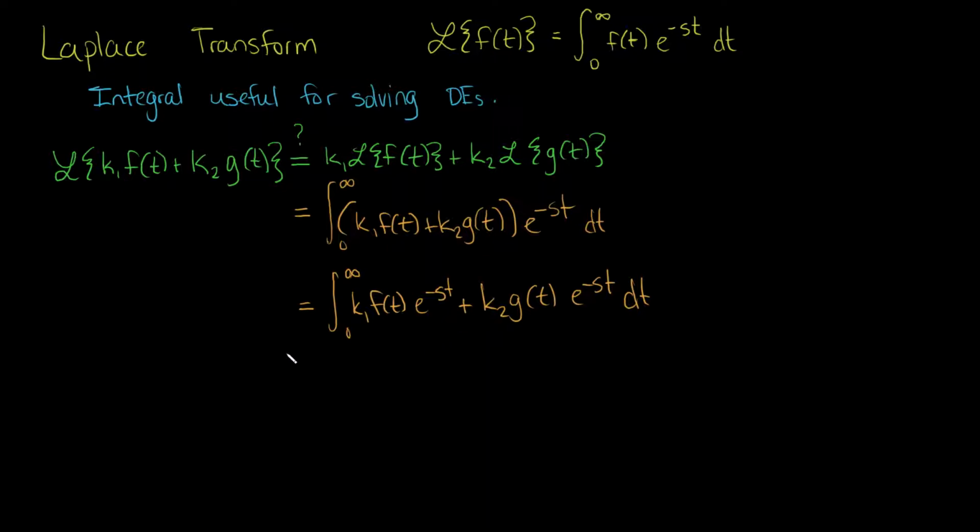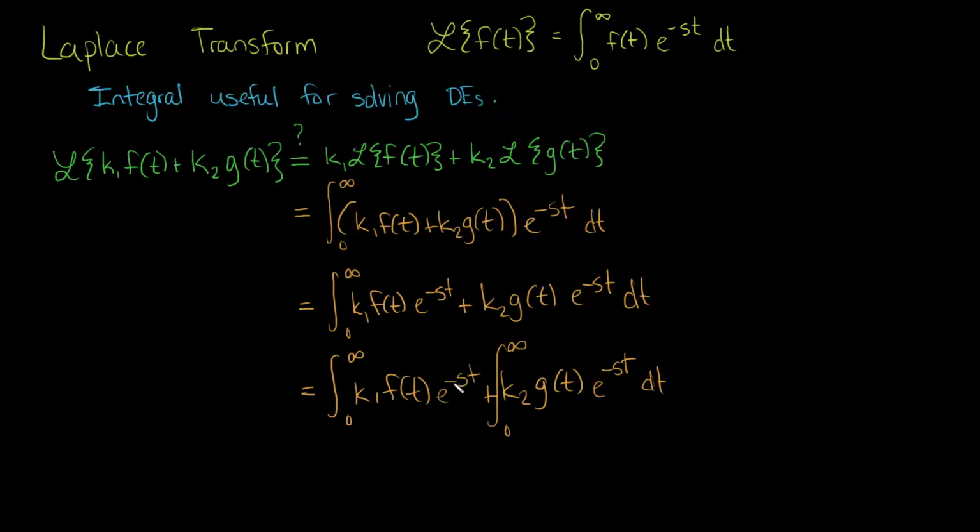So we can rewrite this as the integral from 0 to infinity of k1 f of t e to the negative s t, plus the integral from 0 to infinity of k2 g of t e to the negative s t dt.